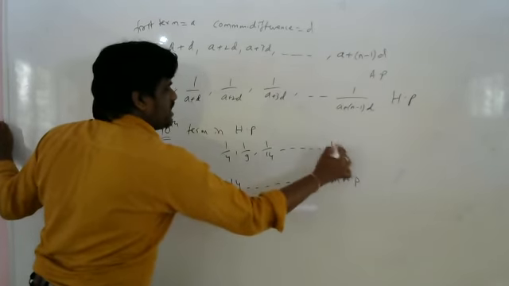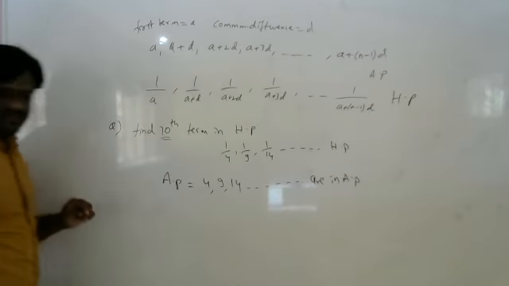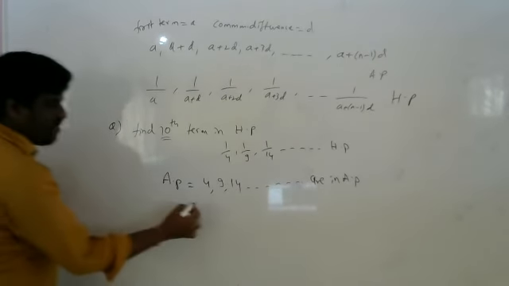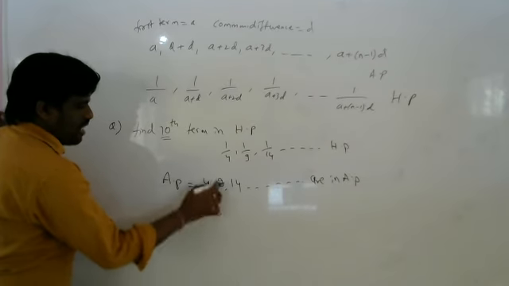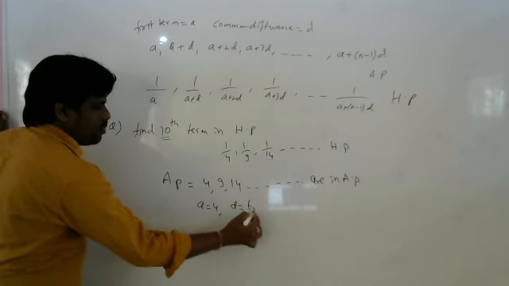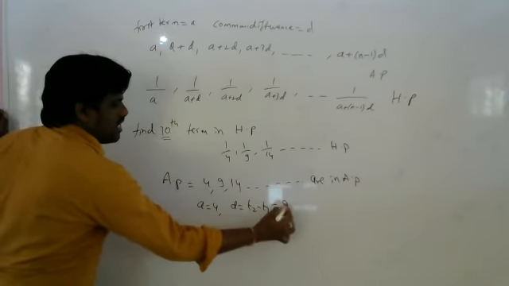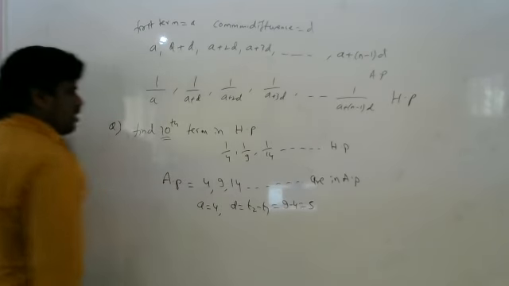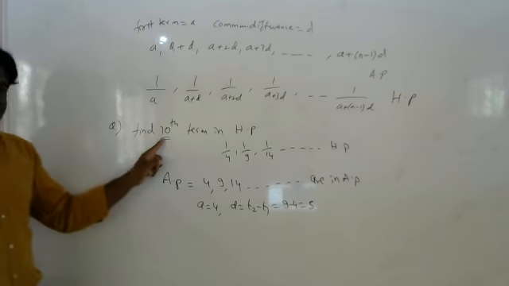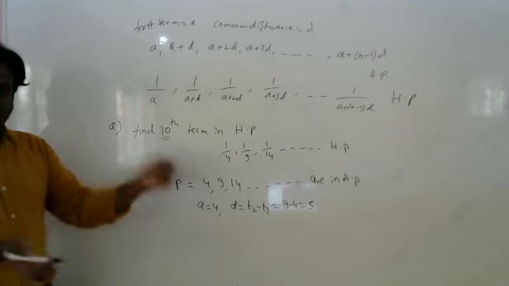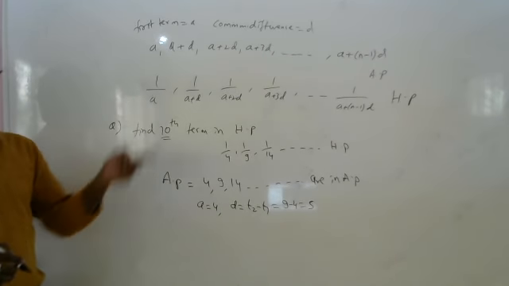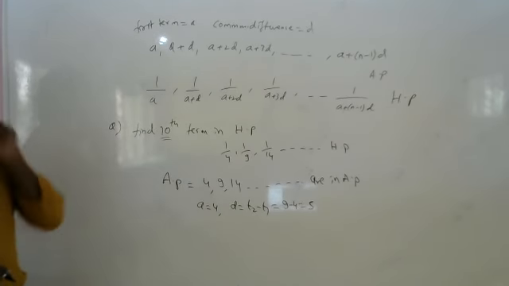If these are in HP, then these are in AP. Now A is 4 and the common difference is T2 minus T1, that is 9 minus 4, which is 5. We find the 10th term in the AP and then take its reciprocal to get the harmonic progression. You don't need to learn any harmonic progression formulas.